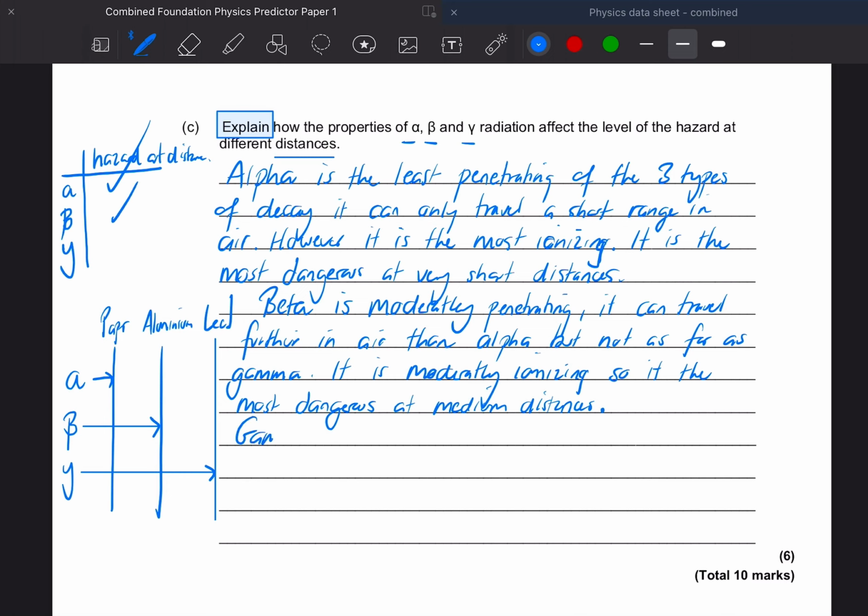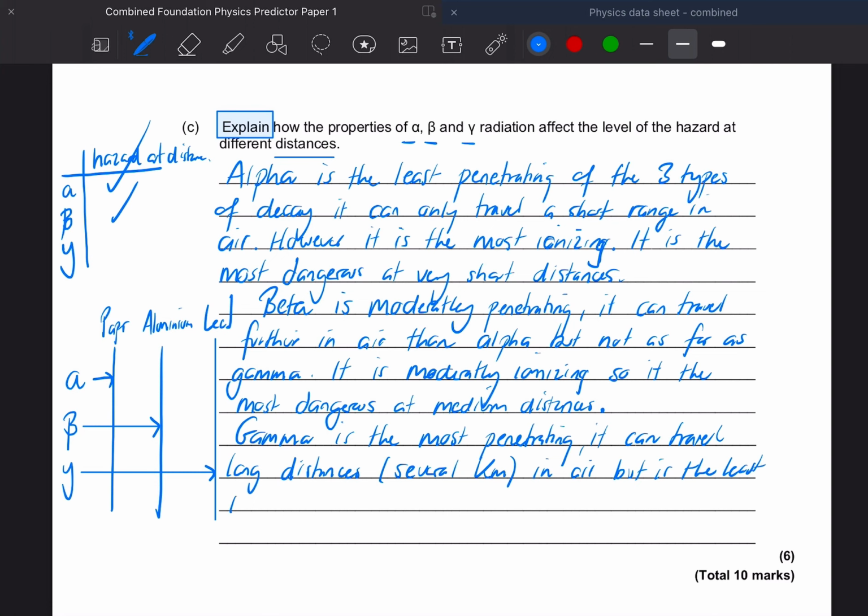So I mentioned the beta. Now we're talking about the gamma. So gamma is the most penetrating. It can travel long distances, and you should remember this, several kilometers in air, but is the least ionizing of the three types of decay.